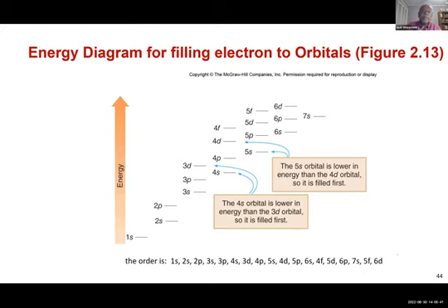It follows the sequence in the periodic table as we described: 1s2, 2s2, 2p, 3s, 3p, 4s, 3d. If you move through the periodic table, this is energy wise the ground state, lowest energy. First electron goes there.